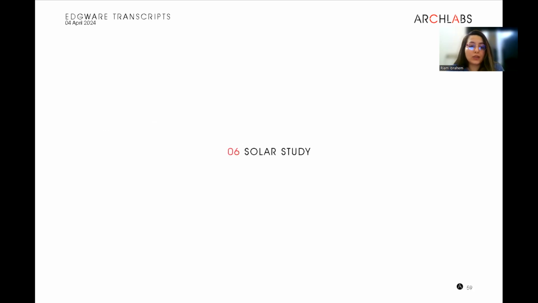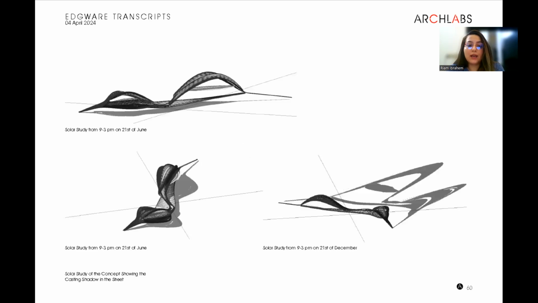These are the elevations. This is the solar study that I did, which included 21st of June and 21st of December, each from 9 till 3 p.m. You can see the shadow really changes in each month, casting shadow in the street.